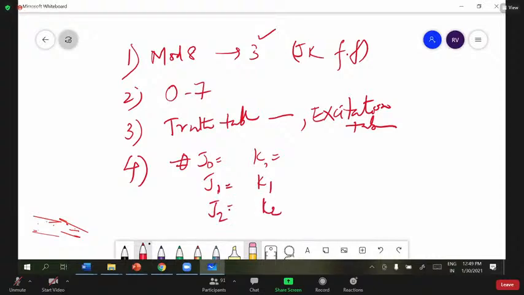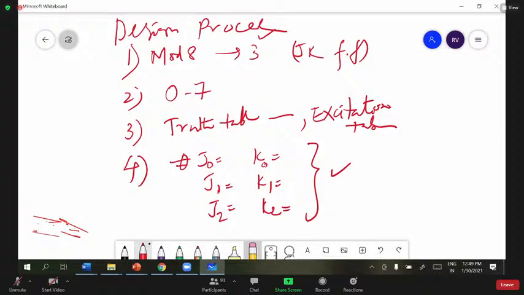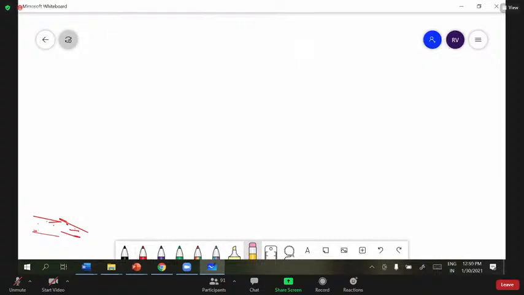Okay, you have to get the expressions in terms of Q0, Q1, Q2. These expressions you have to find out. If you know these expressions, you will be able to design the circuit. This is the design procedure. Okay, design procedure.